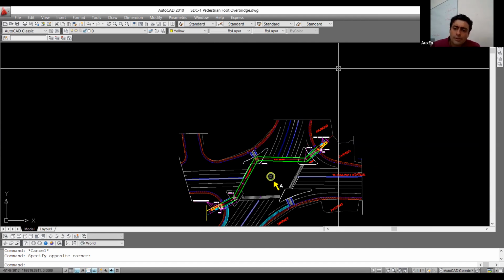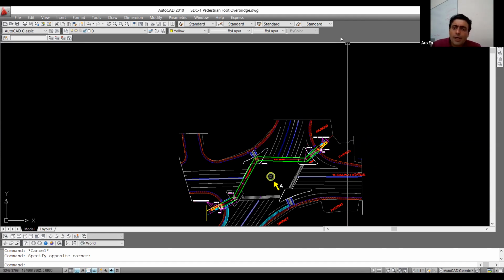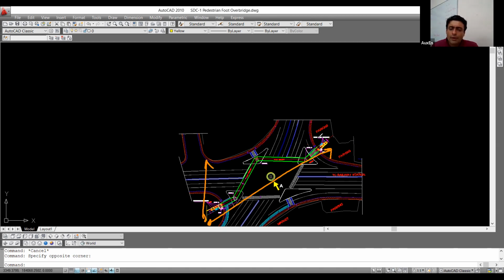This was based on the traffic flow and the traffic movement. They figured out that most of the people need to go from this place to this place, and very few people want to cross over here, or in this direction.